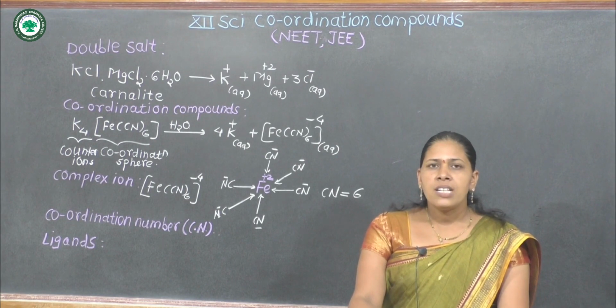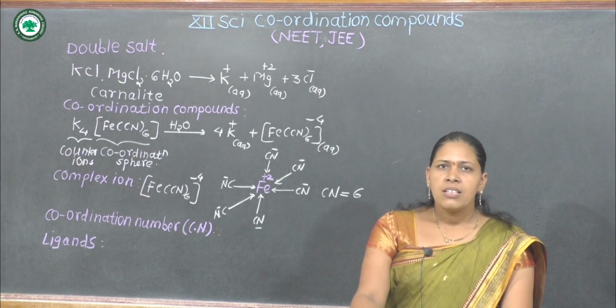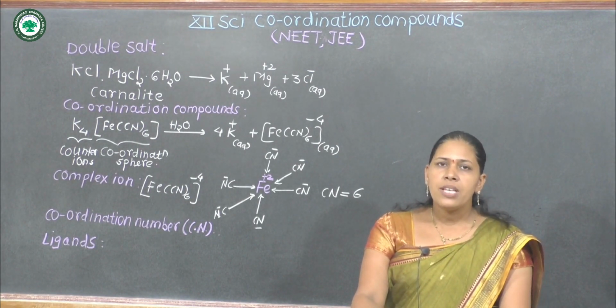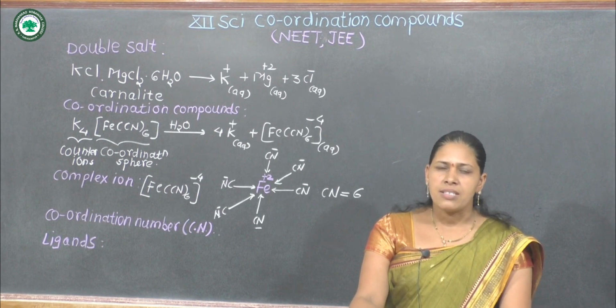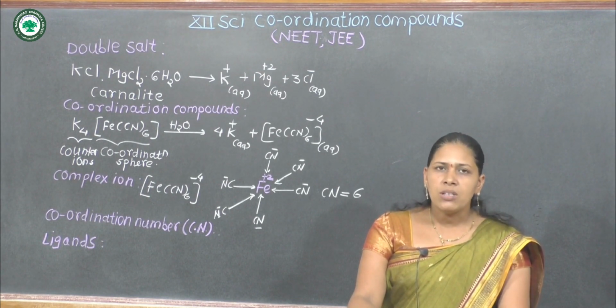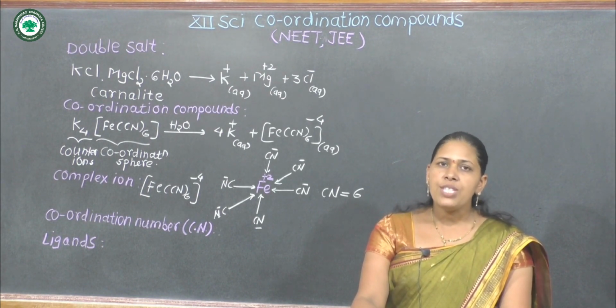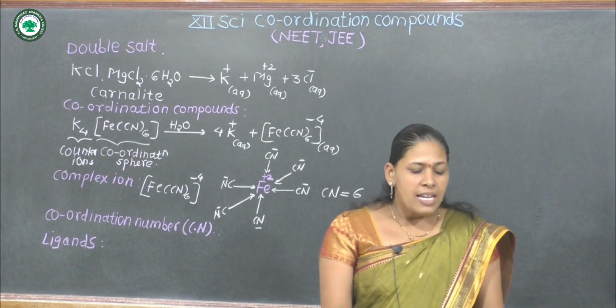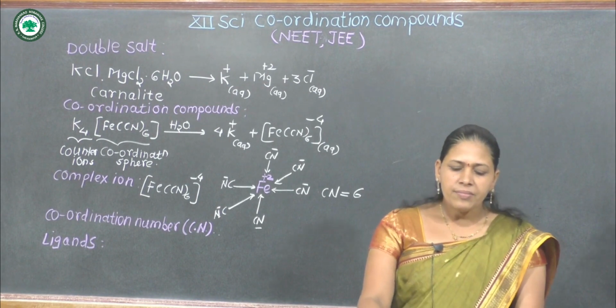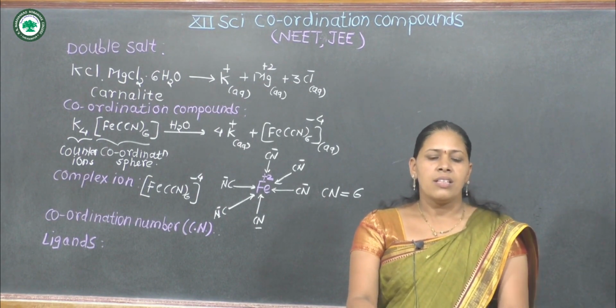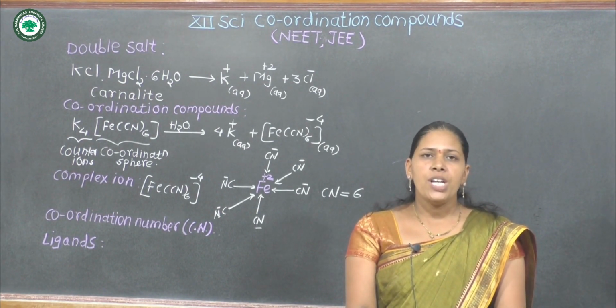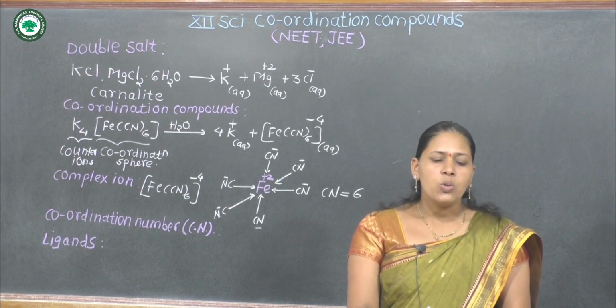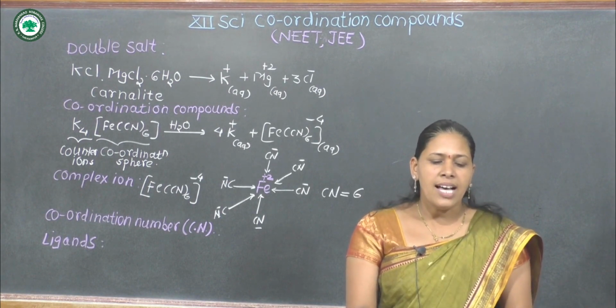We have already studied in 11th science what is meant by the Lewis theory of acids and bases. Electron pair donors are called Lewis bases. In this case also, ligands are Lewis bases which can donate electron pairs to the central metal ion.